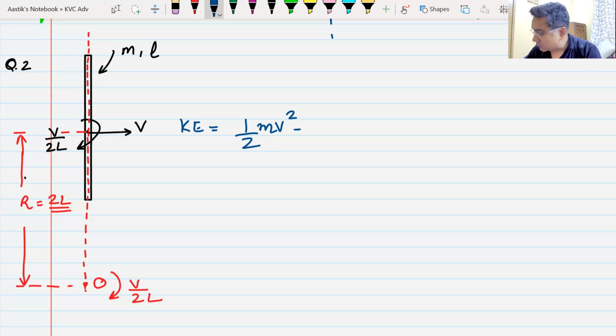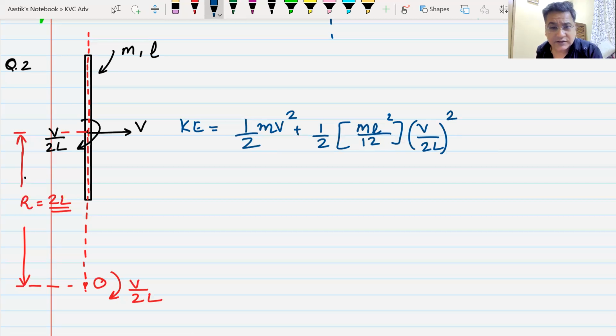So half mv square plus half I omega square. What is the moment of inertia of this rod? ml square by 12. Yes, thanks for the correction. So half times ml square by 12 times v by 2L whole square. You add these two terms and you will end up with your answer. Do we understand this? Yes, sir.